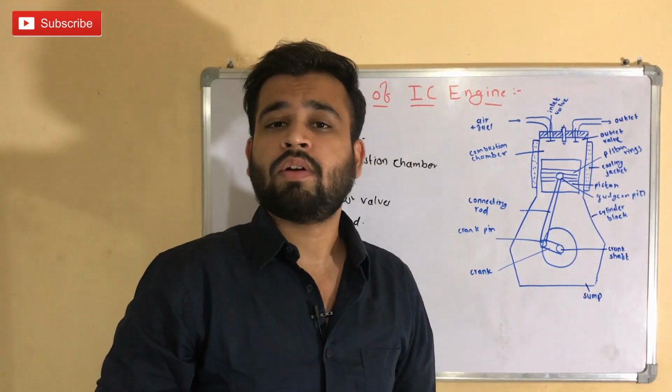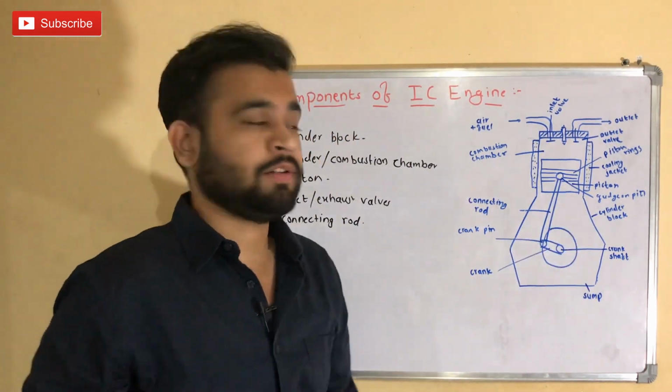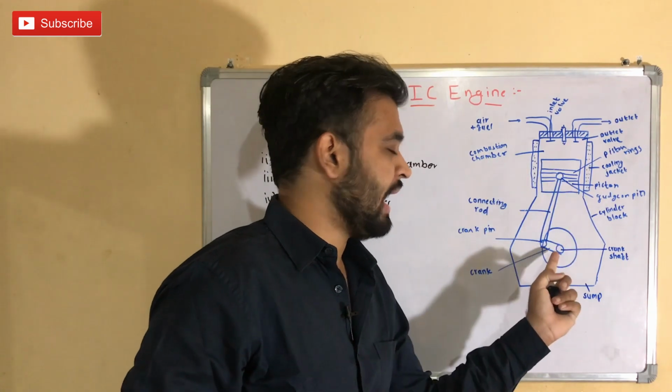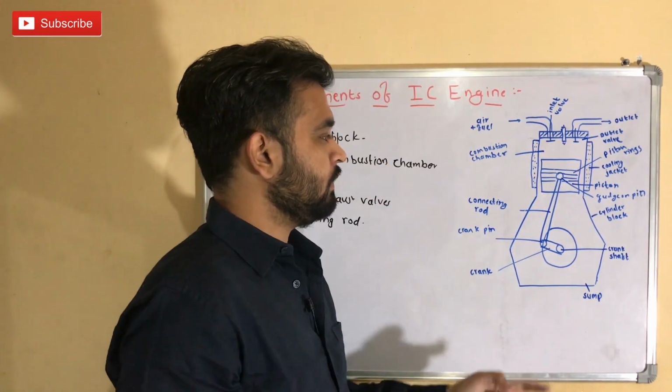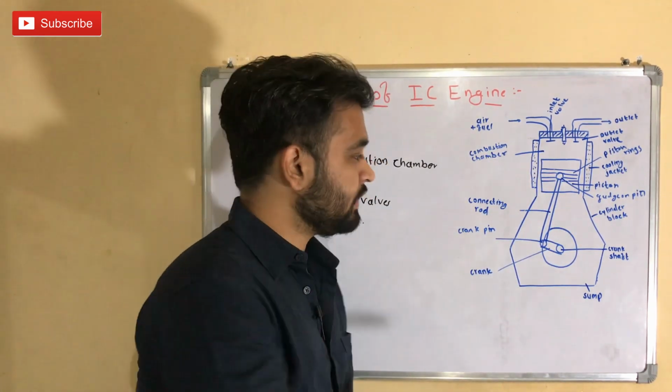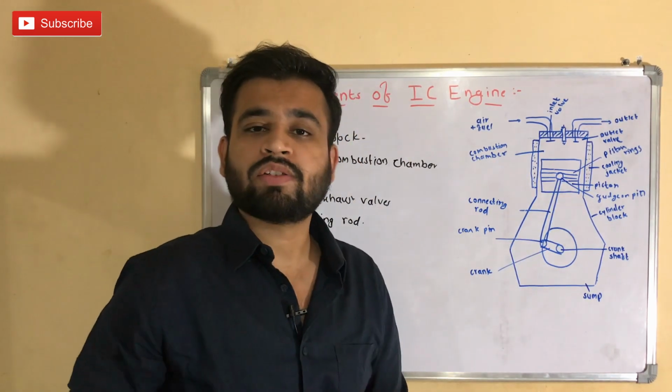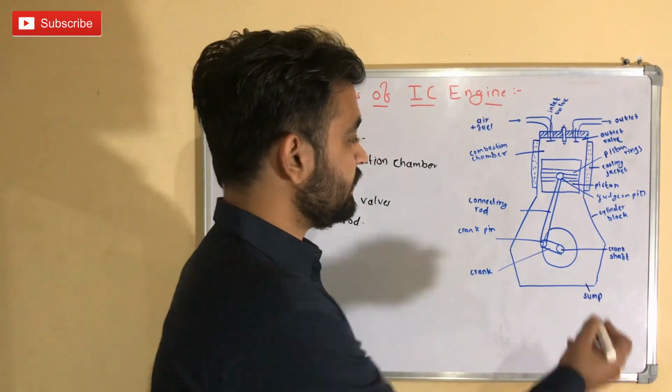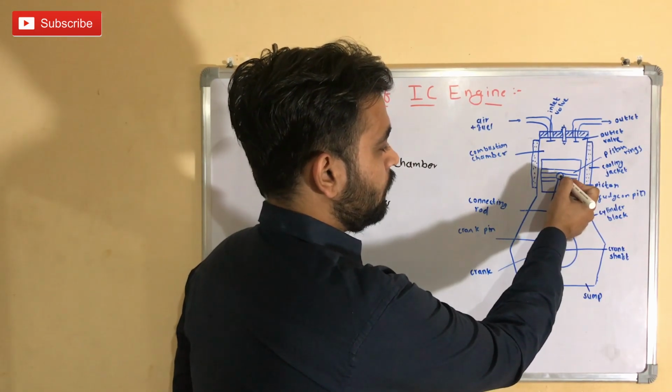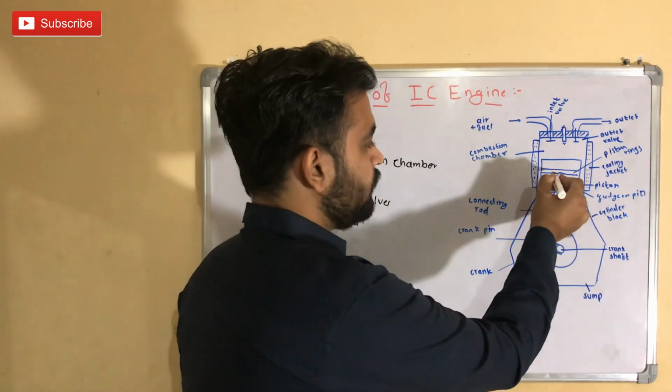The connecting rod is a mechanical component which connects the piston and the crank, transmitting the reciprocating power of the piston and converting it into oscillatory motion. This is the small end of the connecting rod, which is connected to the piston by the gudgeon pin.